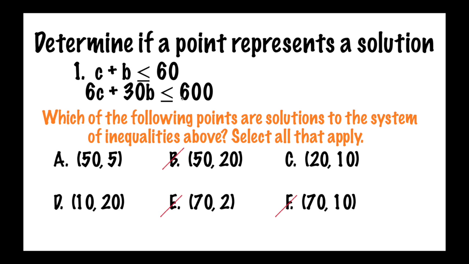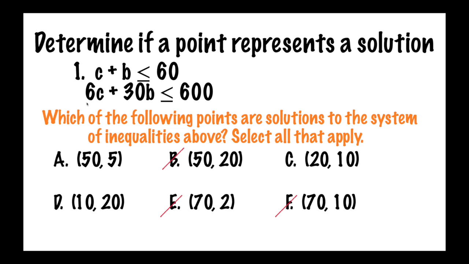Then if I look at my other inequality, 6 times 50 is going to give me 300 plus 30 times 5, which is going to be 150. And then if I add those two together, those are going to be less than or equal to 600, so that one will work. Then when I look at option C, 20 and 10, here I've got 6 times 20, so that's 120, plus 30 times 10, which is 300, and those two will add up to be less than or equal to 600, so that's going to work.